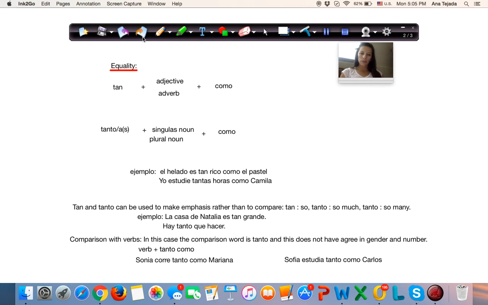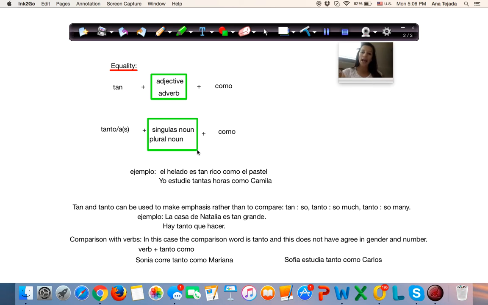So here's what happens when we talk about equality. We have two situations: when we use adjectives and adverbs, and another when we use nouns to compare. In English, it would be to say "as much as" something else, because they're equal. Before, we were saying it's smaller, taller, bigger, more expensive, smarter, more intelligent.